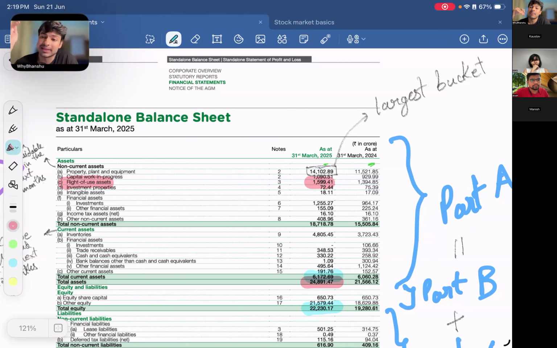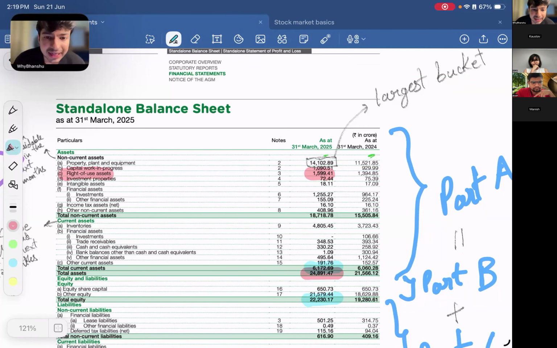Unlike other players, if I'm a Reliance Fresh, my rent will probably increase by 5% every year at the very least. So under my obligations, you will see an upward trajectory. So I will need to match my profitability to go up year on year if I am to make money. But for DMart, they don't have to worry about it because their rent cost will not go up since they own the property.